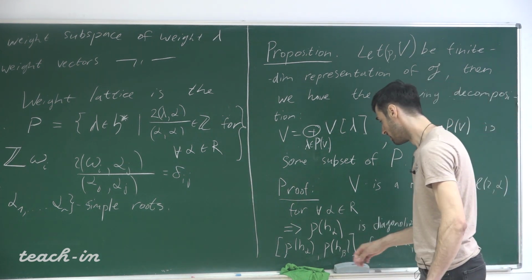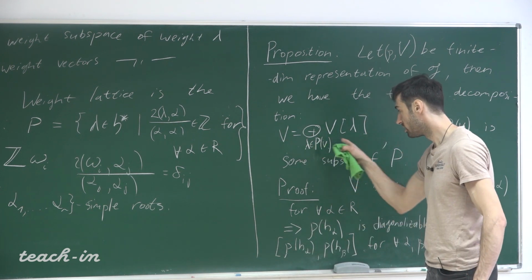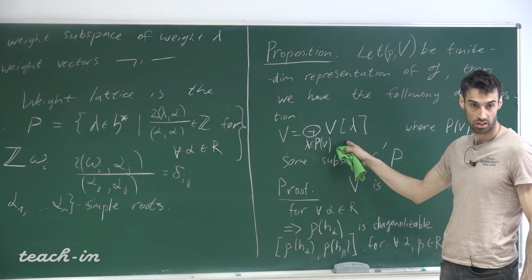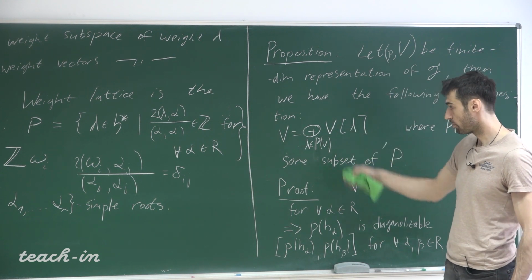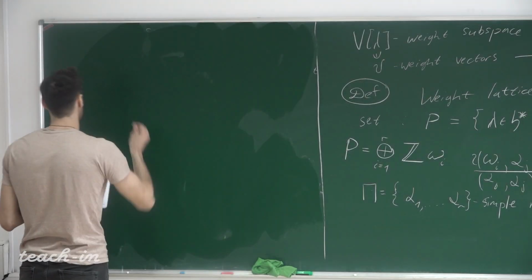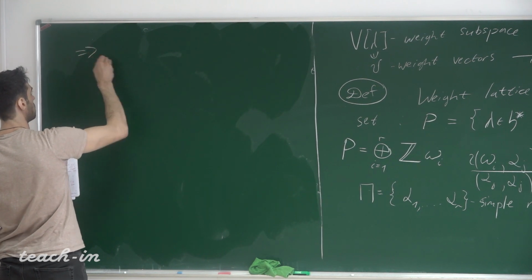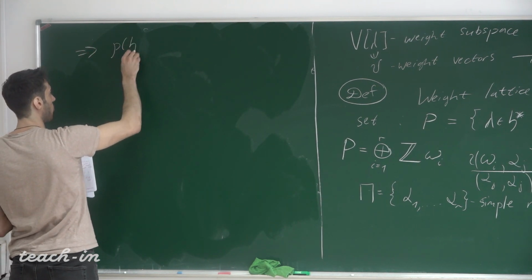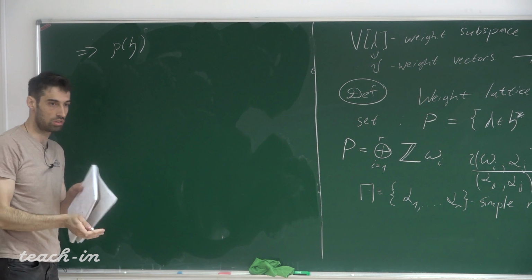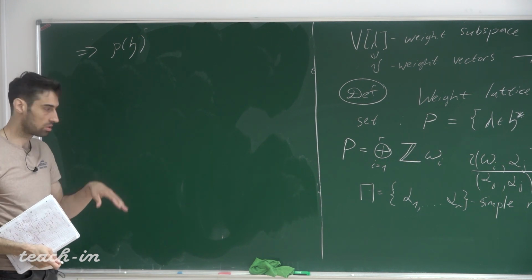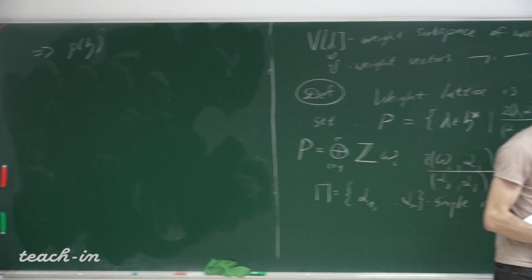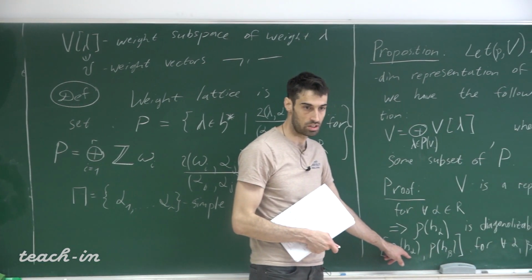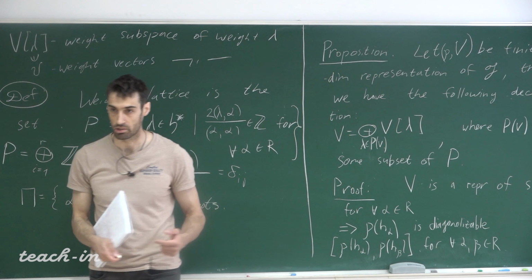And this already means that V is decomposed as a direct sum of weight subspaces. So let me write it like this: rho of Gothic H, so the whole Cartan subalgebra. So remember also that H alphas form a basis in the Cartan subalgebra, right?